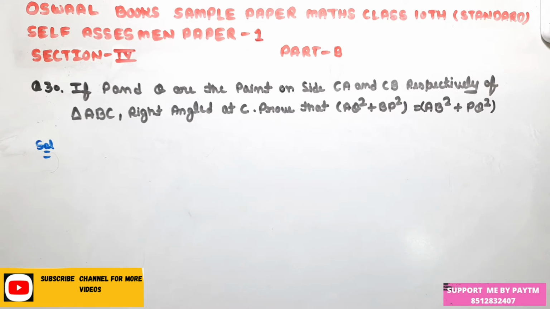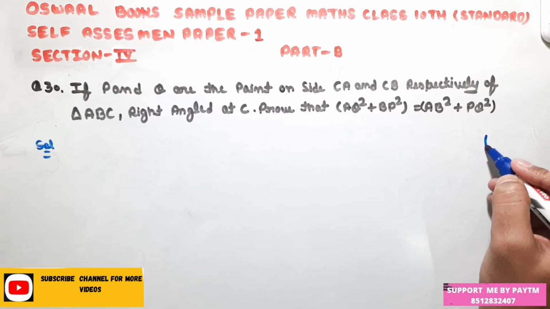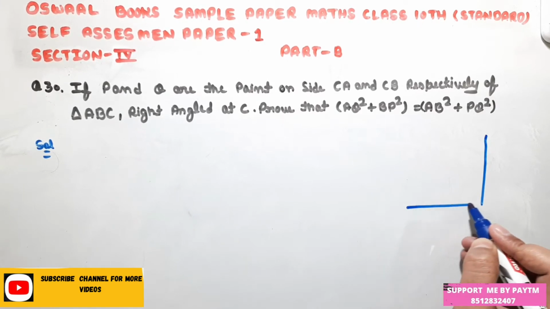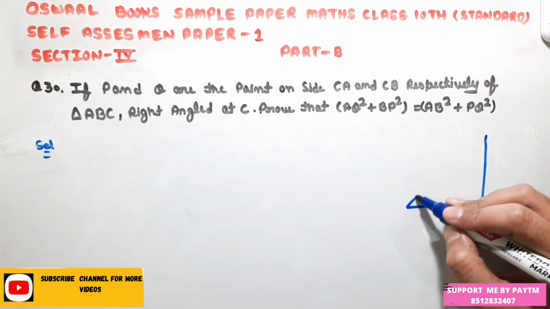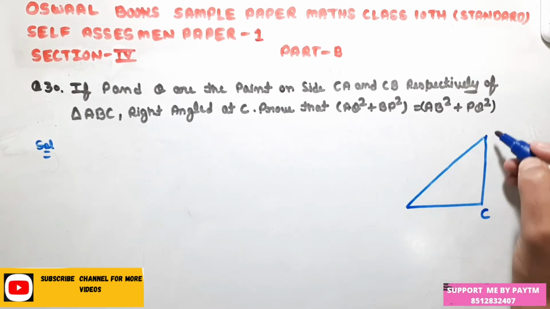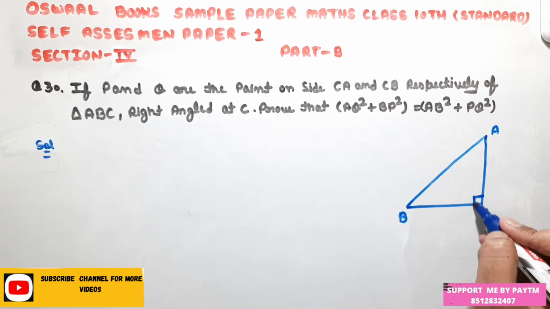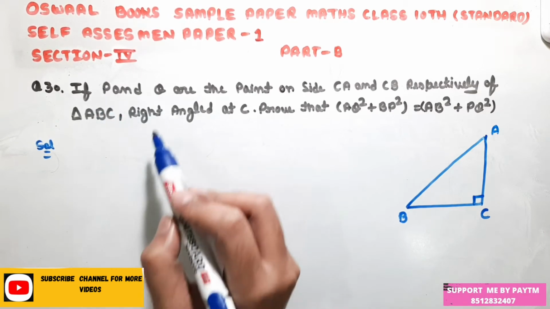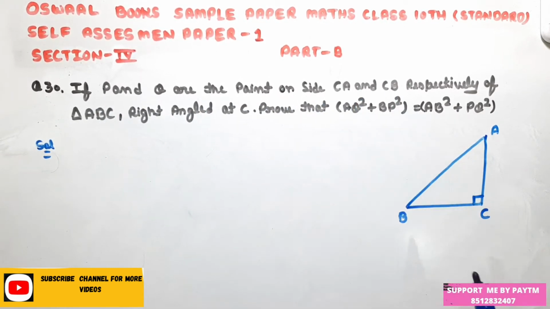In this problem, firstly, we will draw a right angle triangle ABC in which the right angle is at C. So this will be A, B and C. Points P and Q are on the sides CA and CB.